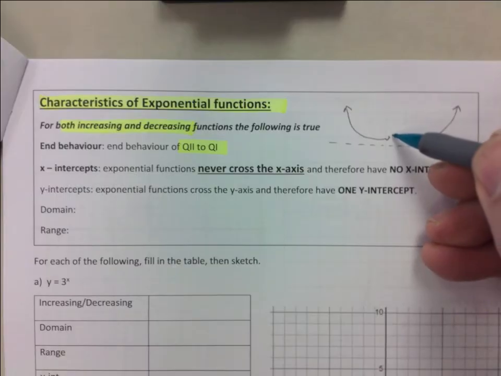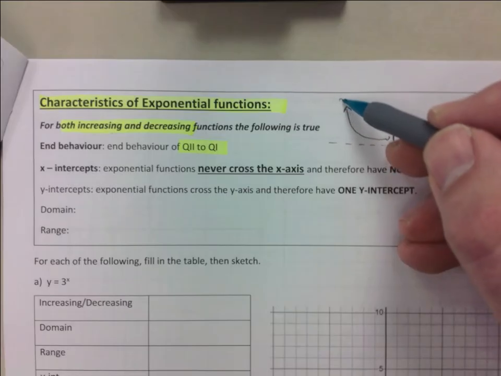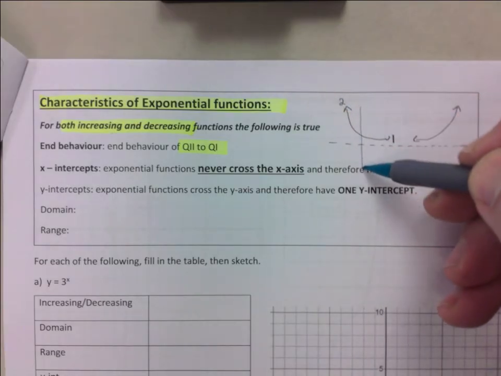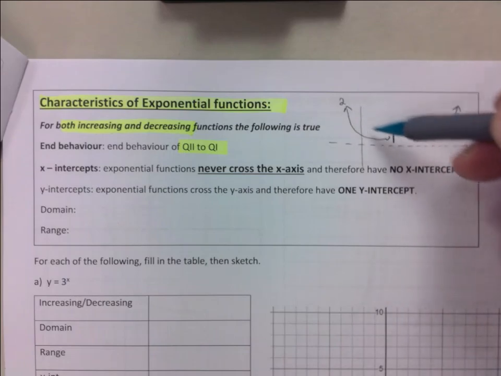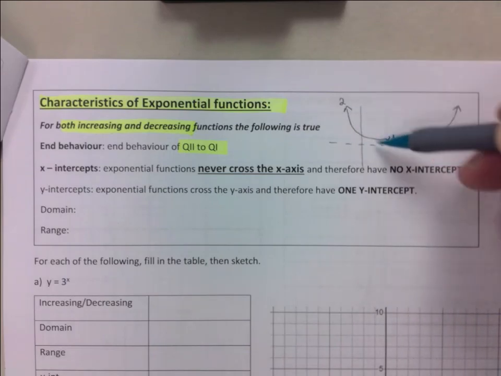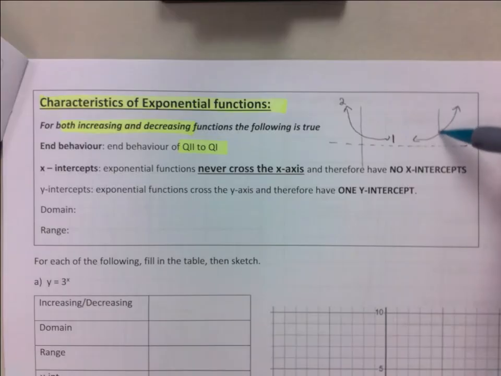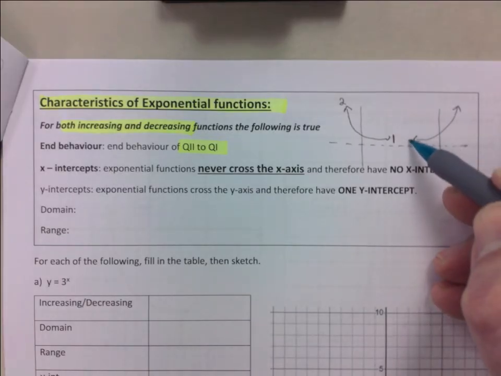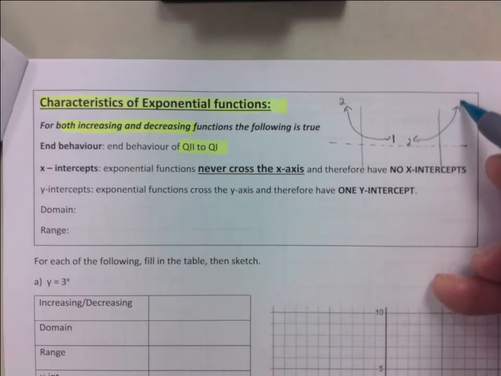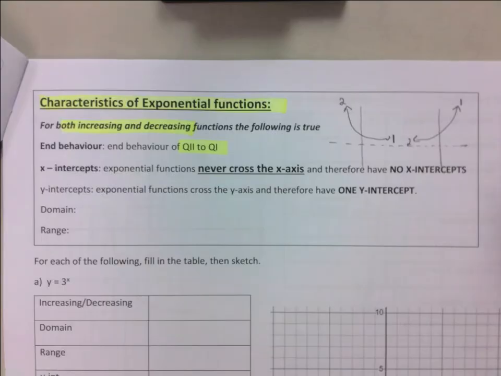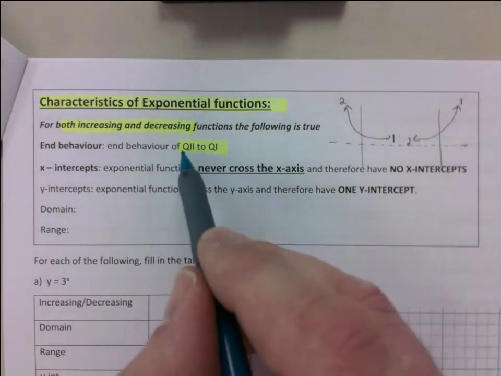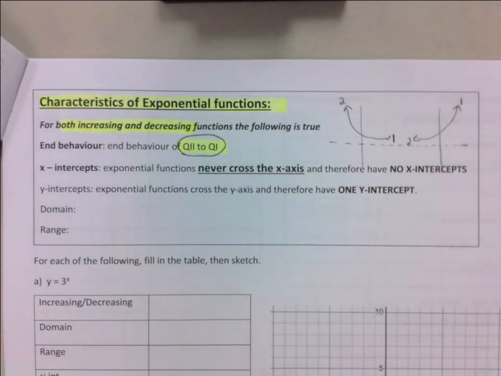So you're forced to go between quadrant 1 and quadrant 2. If this is your x and your y, you're going to be stuck between those two quadrants. Same with this one. You're going to start in quadrant 2, but then end up in quadrant 1. Okay? So 2 to 1 works for either of them. So you know the end behavior is always Q2 to Q1.